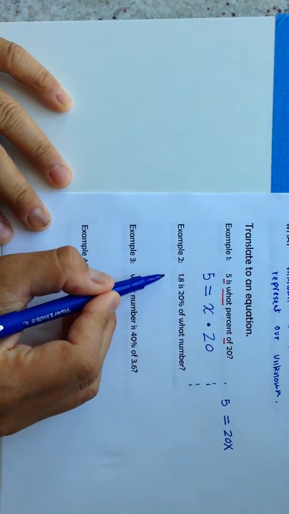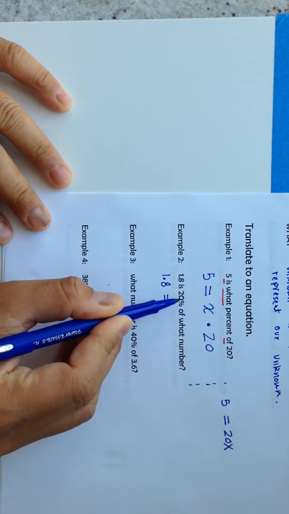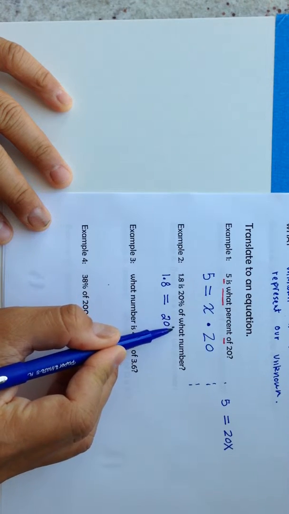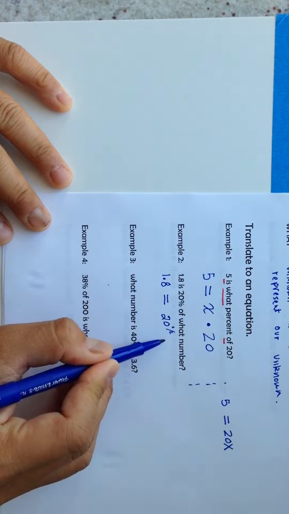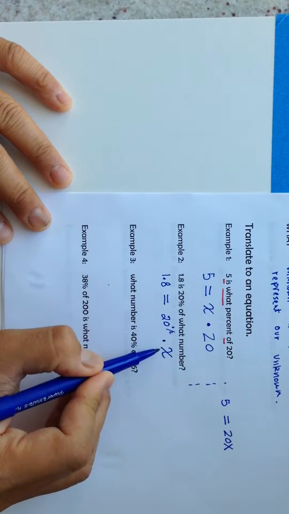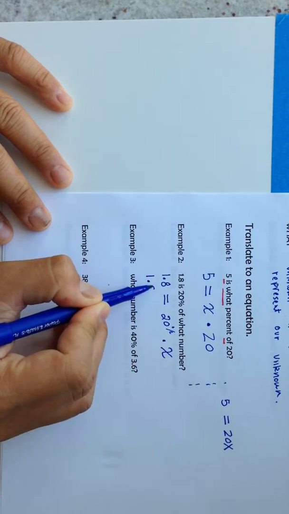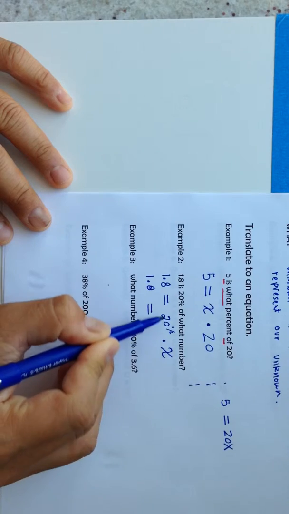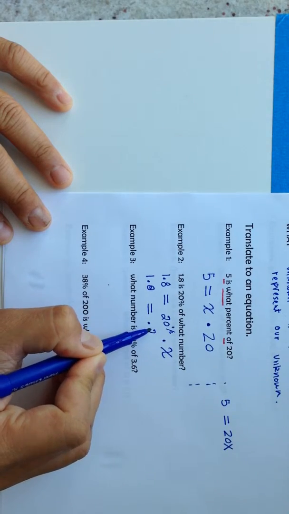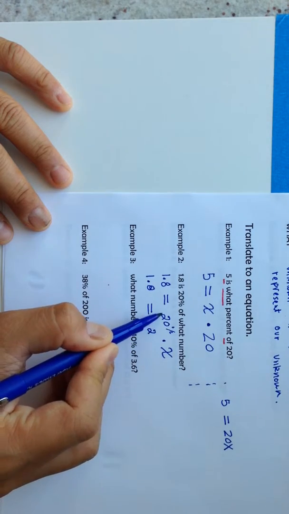Example 2: 1.8 is an equal sign, 20% of means multiply, what number? Of what number? Now, in an equation, percent needs to be turned into a decimal. From the previous lesson, you learned that to turn a percent into a decimal, you shift the decimal point 2 places to the left.